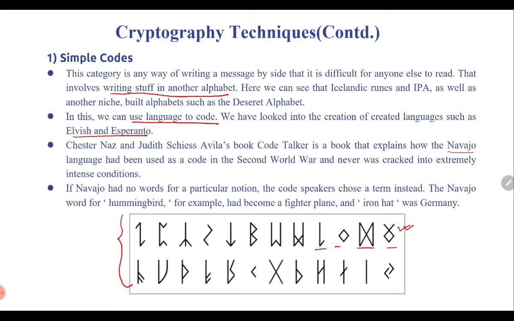The Navajo word for hummingbird, for example, became a fighter plane. So in order to represent fighter plane, they used hummingbird, and to represent Germany, they used to call Germany Iron Hat.